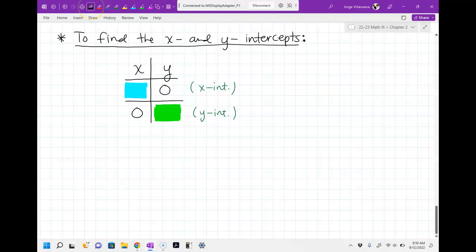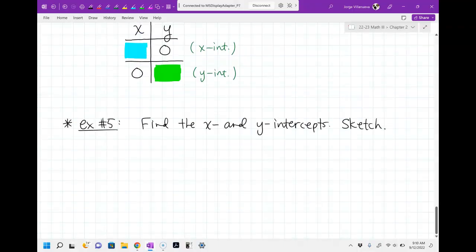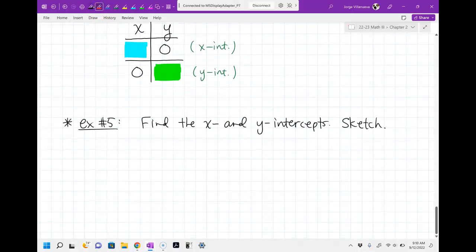Example number 5. So here we go. We're going to find the X and Y intercepts, and then sketch. All right, so find the X and Y intercepts, and then we're going to sketch.